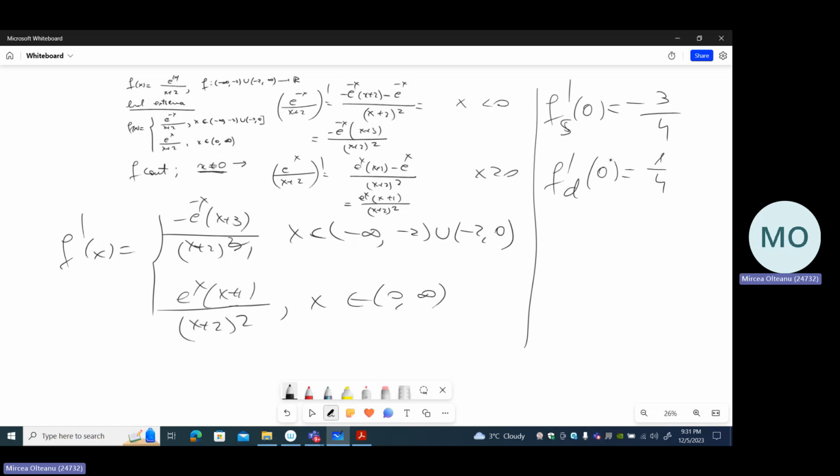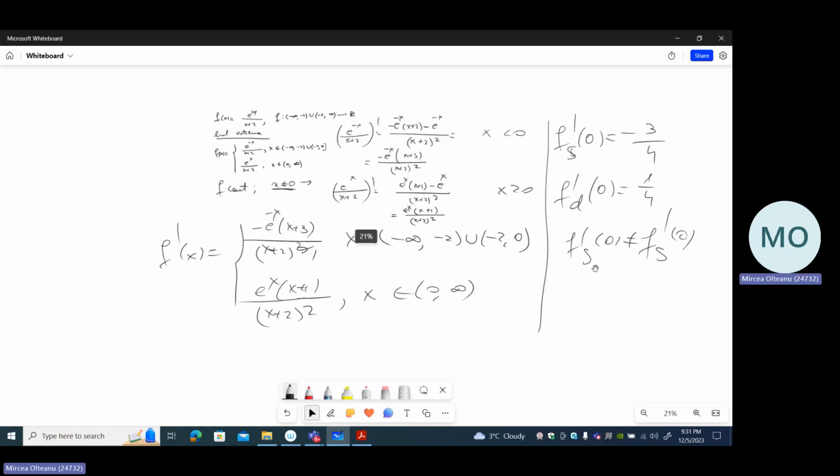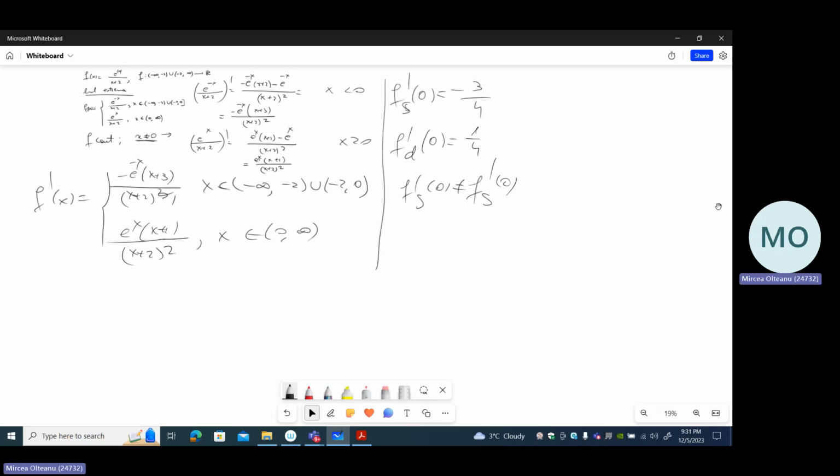So the two are different. So the function is not derivable at 0. This is called an angular point.